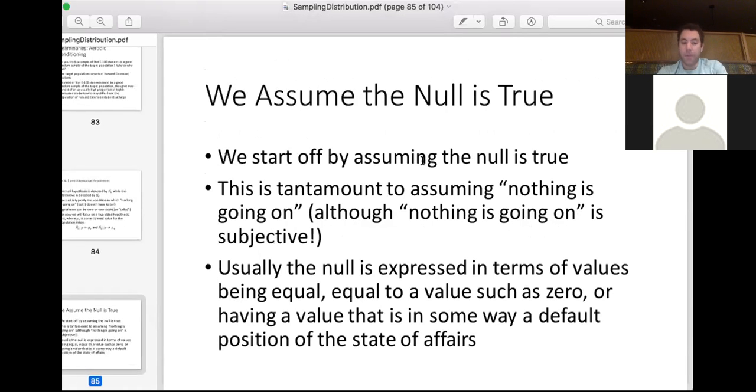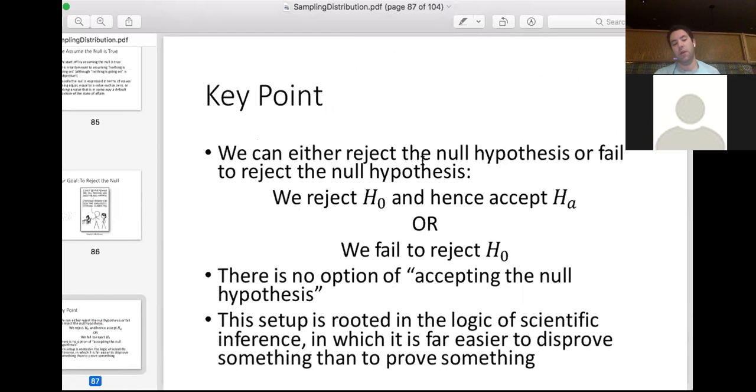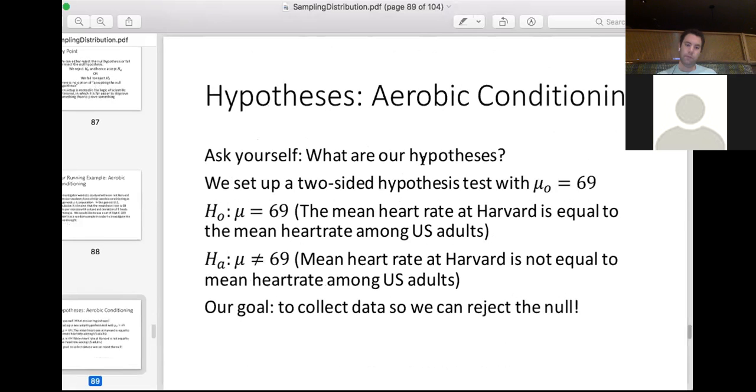We're going to assume that the null hypothesis is true, collect our data, and see if we reject the null hypothesis and accept the alternate hypothesis, or if we fail to reject the null hypothesis. For this example, the null will be that the mean is equal to 69 beats per minute. The alternate will be that the mean is not equal to 69 beats per minute.